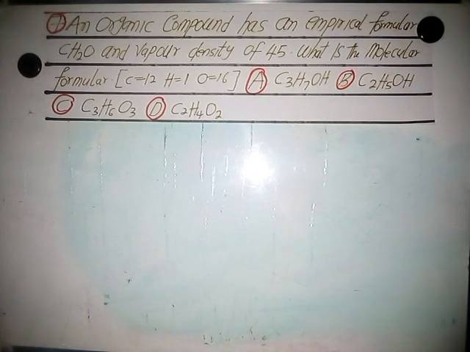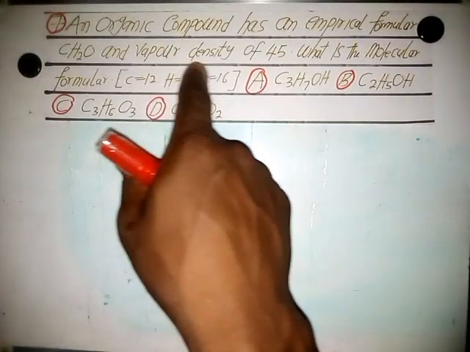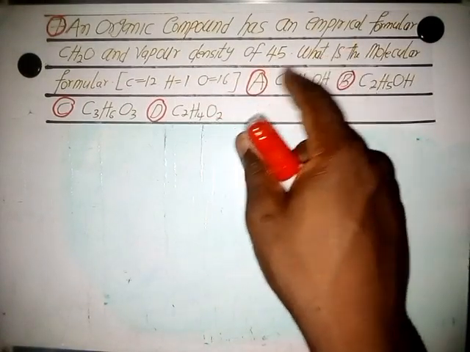Okay, question 7. An organic compound has empirical formula CH2 and vapour density of 45. What is the molecular formula? This is just like the ones we've done.